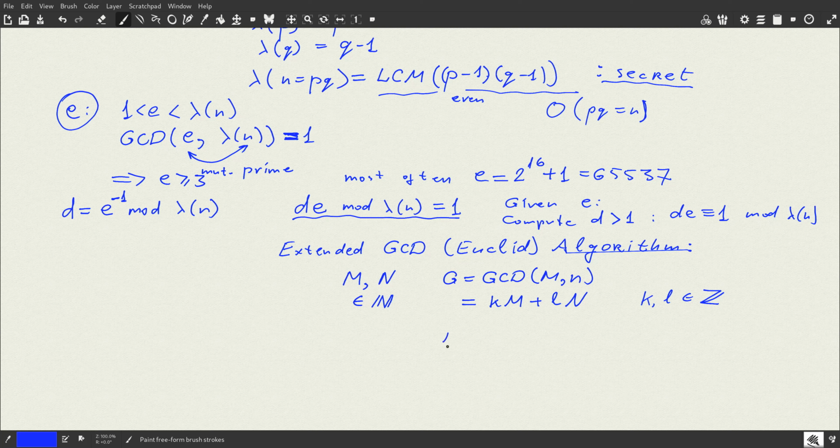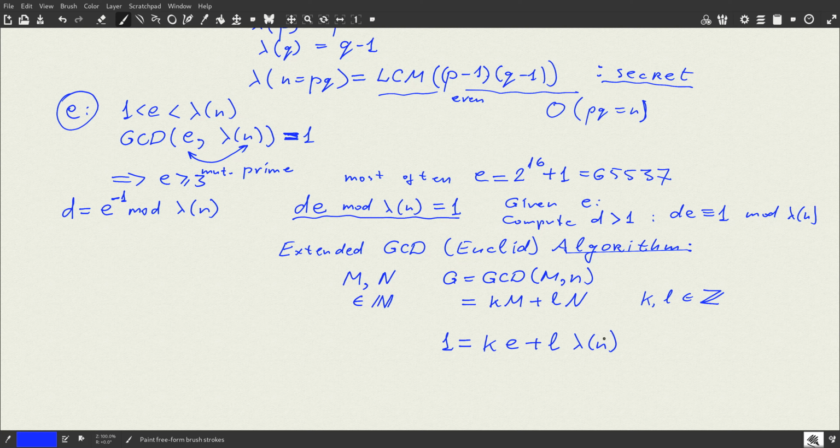Therefore, we can write an equation that 1 is equal to k times e plus l times lambda of n. All right? Because e and lambda of n are mutually prime.